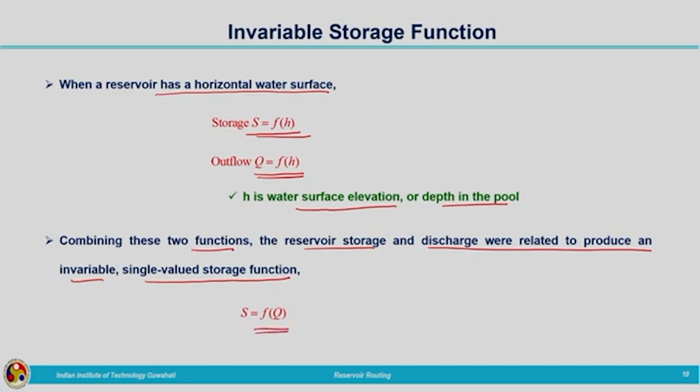That is, in the case of invariable storage function, we are writing the storage is a function of water level, outflow is also a function of water level, then we are relating the storage and outflow by making use of a function. That function is representing the invariable storage function.